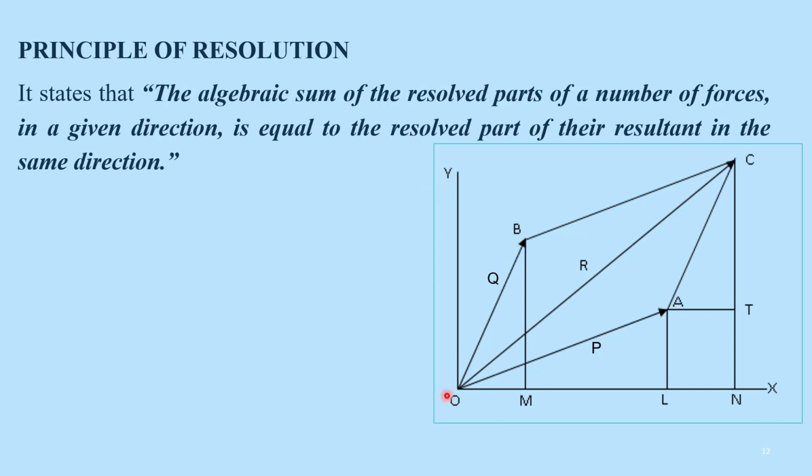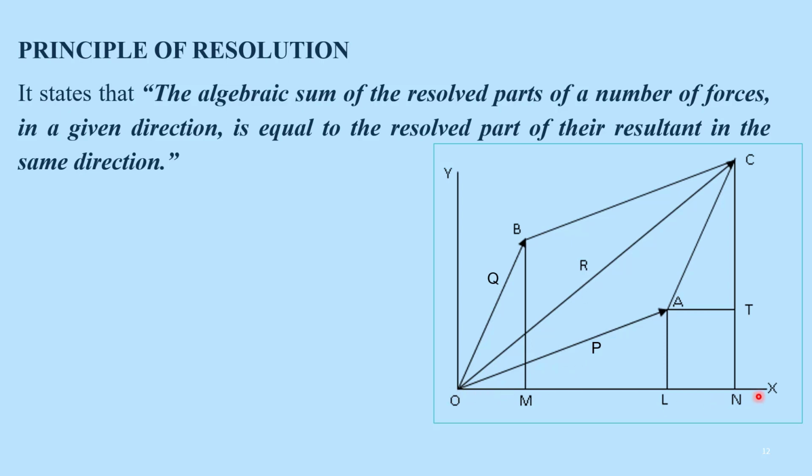It starts from the point O. Now, I have two forces. By completing the parallelogram, I have found out the resultant force of P and Q, which is R. Clear? Okay. Now, what I am going to do is consider the x-axis as the reference.